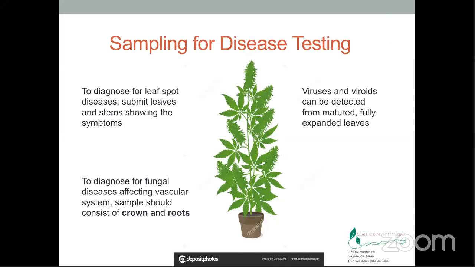Yeah, I think pruning is a big practice that can help combat powdery mildew, but also just the environmental side: avoiding temperature extremes. That's a big one for powdery mildew, when we get hot days and cold nights and that drastic temperature shift.